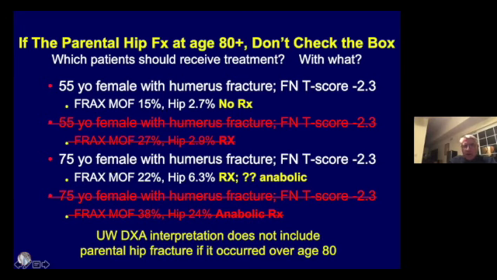Or the second, 75-year-old, where previously it was a slam dunk, anabolics, maybe not. And as a result of this concept, when you get an interpretation from UW, if the parental hip fracture was above age 80, we are not checking yes, we are checking no.